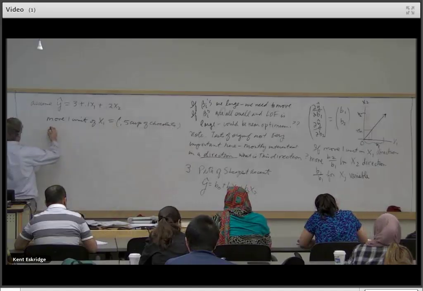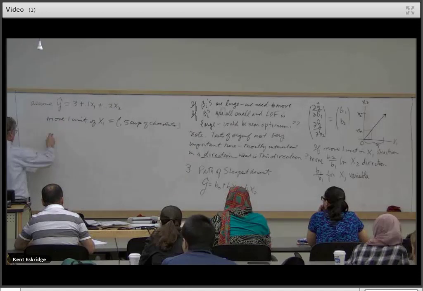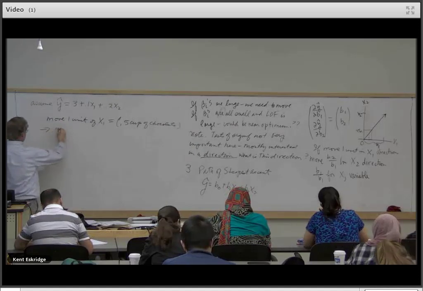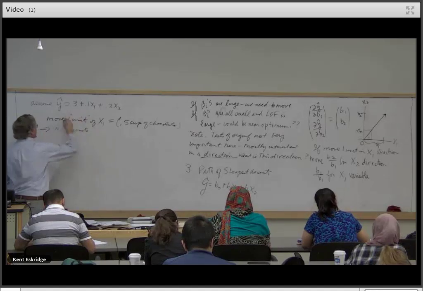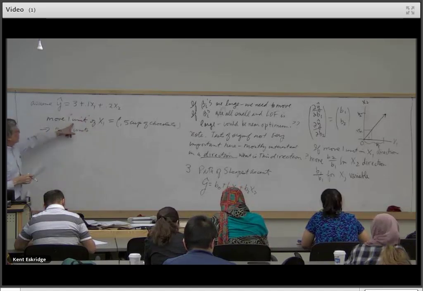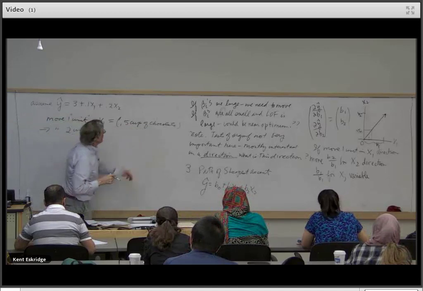And what does that mean then? If we do that, then we're going to have to move 2 units. 1 unit of x1 is a half cup of chocolate.